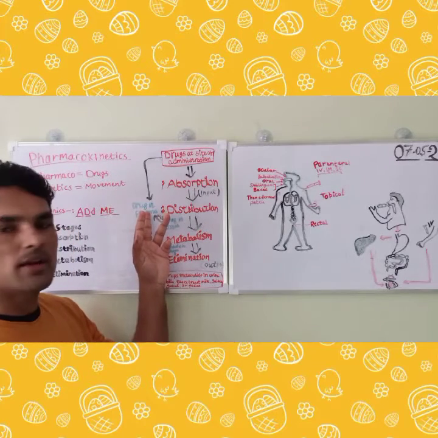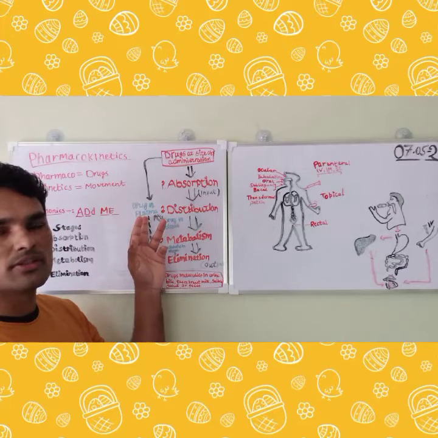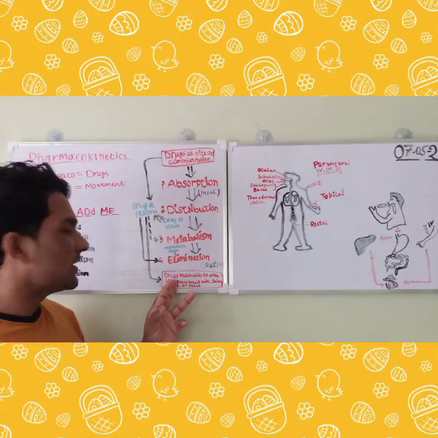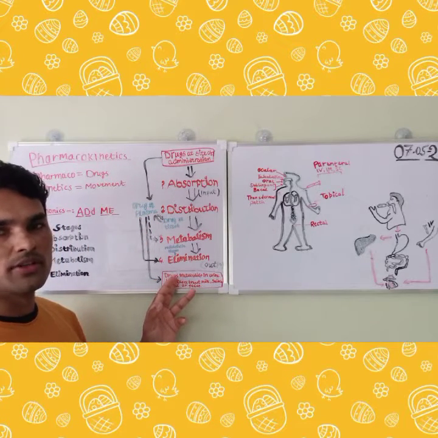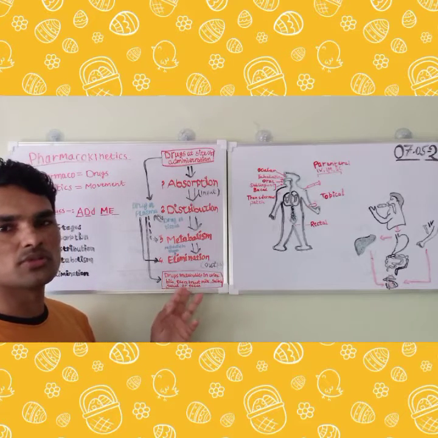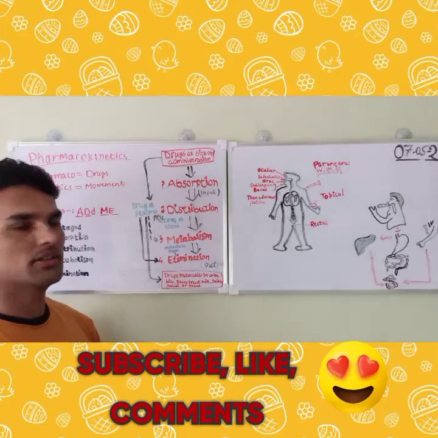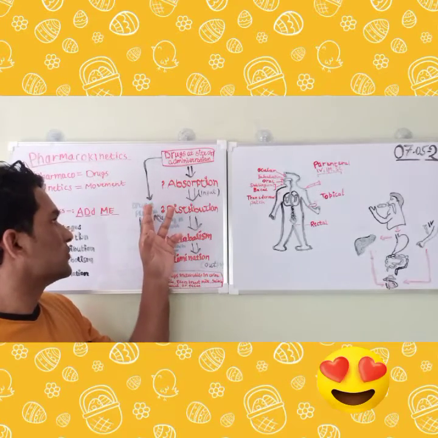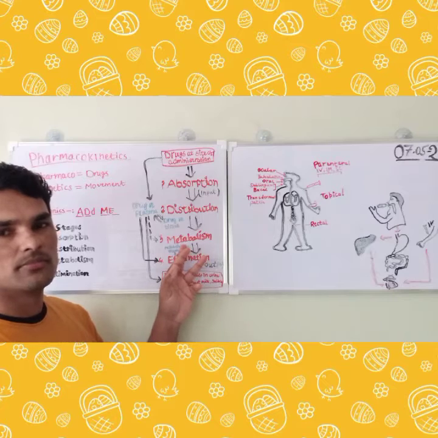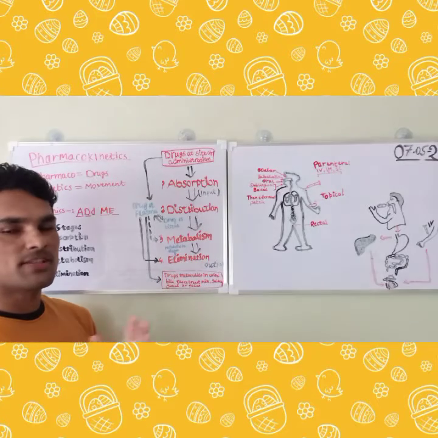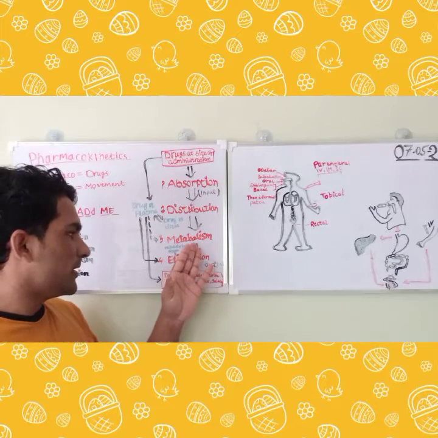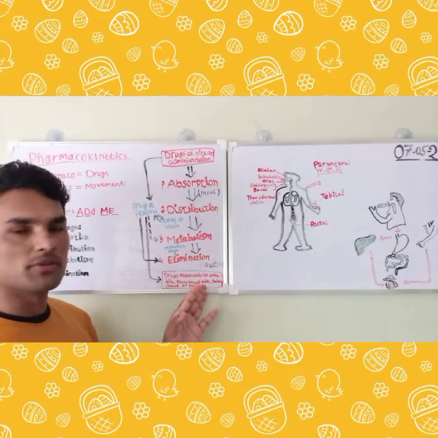After plasma, it will function at the site of action, and can be directly eliminated out of the body through the urine, bile, tears, breast milk, saliva, sweat and feces, right? But also the drug in plasma can go to metabolism to be transformed from one form to another, right? Then it will be eliminated out of the body.